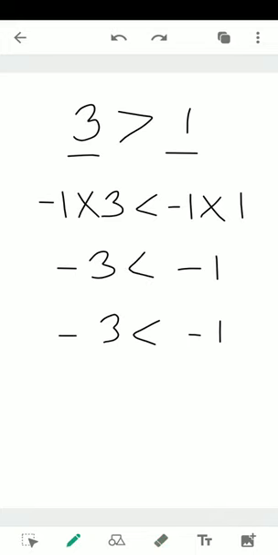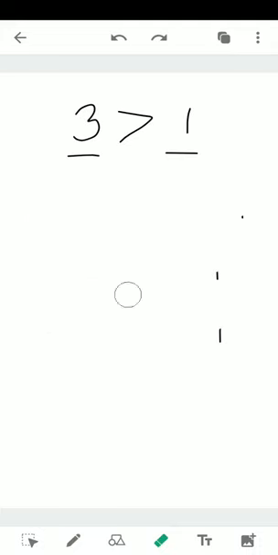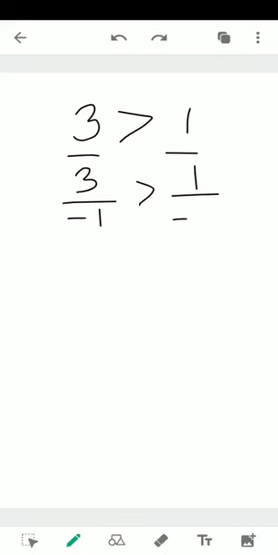And similarly, if you are supposed to divide this inequation by a negative number, say 3 by -1 is greater than 1 by -1, it will again become -3 is greater than -1, which is not true. So again, you have to change the sign of inequality. This will be less than.